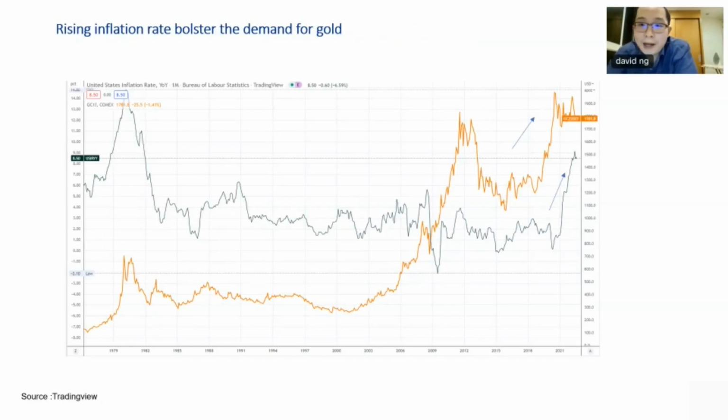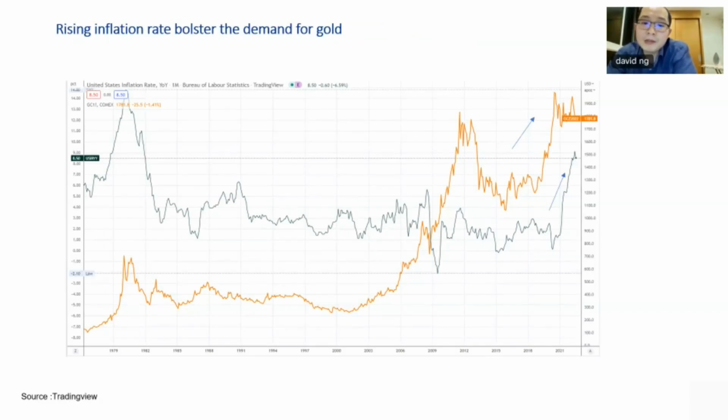Now, if you just compare the inflation numbers against gold prices, this is as far back as the 1980s. You can clearly see that when you have a high inflation environment, you can see how supportive it is for gold prices. We saw back in the 1980s inflation numbers that skyrocketed, and in that period, I think the price of gold also did rally.